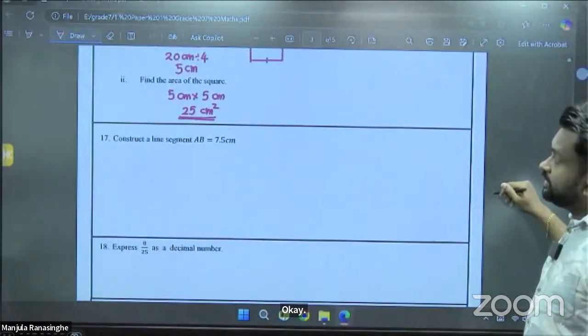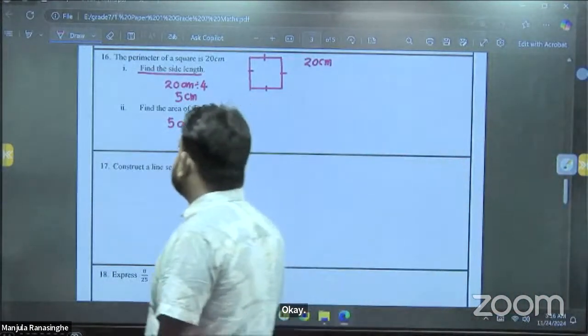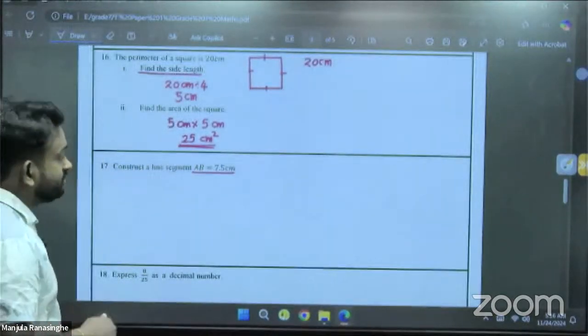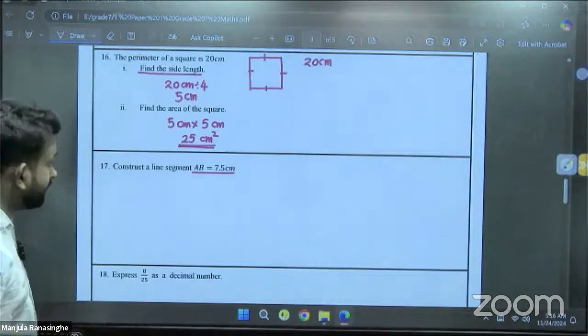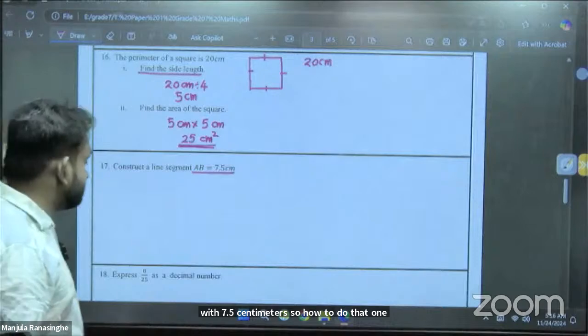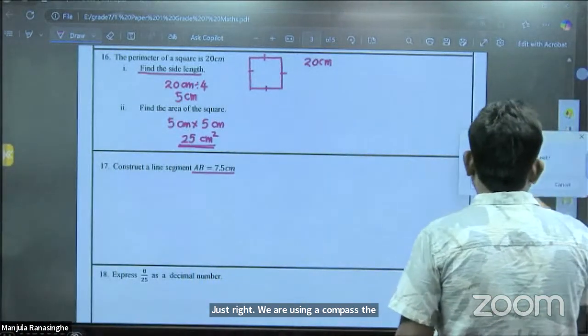Right. Now you can see the 16th question answer. Now we are moving to construct a line segment AB with 7.5 centimeter. So how to do that? We are using a compass, the correct way. So see how to do this.